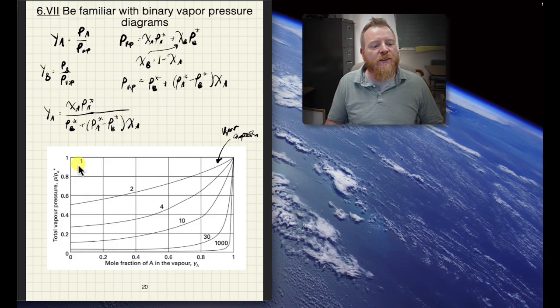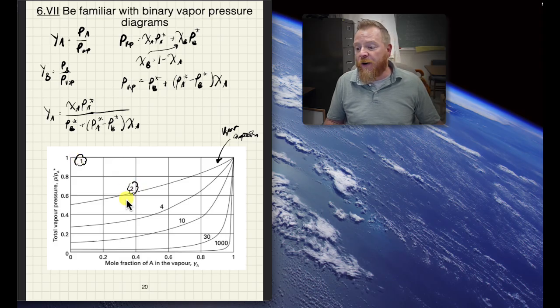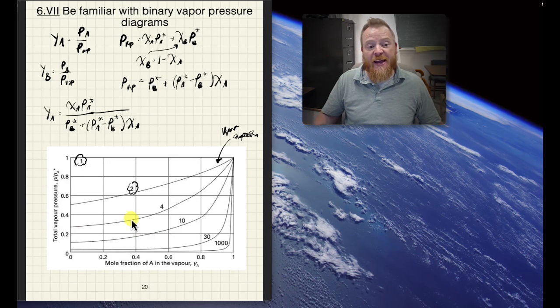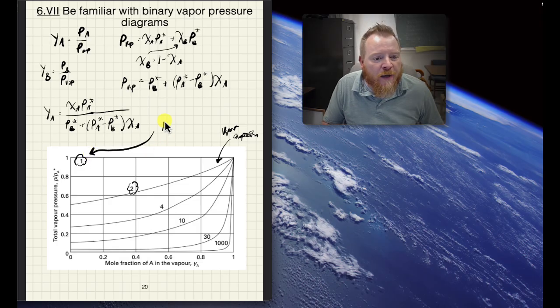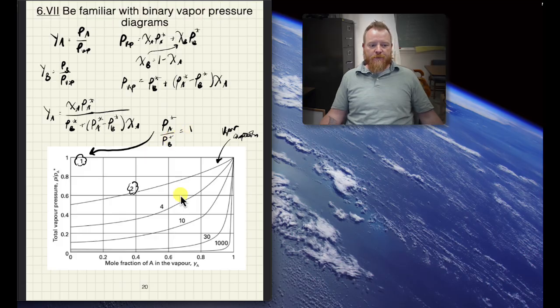So now what these numbers are telling us right here on this graph are the ratios of A and B in our mixture. So this number 1 right here corresponds to the vapor pressures of A and B being identical.